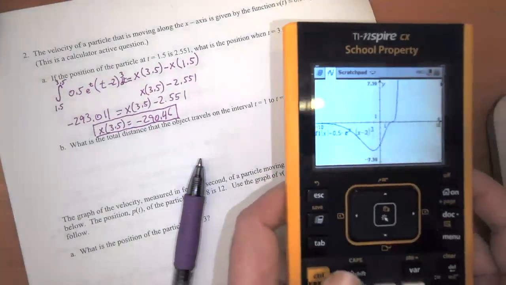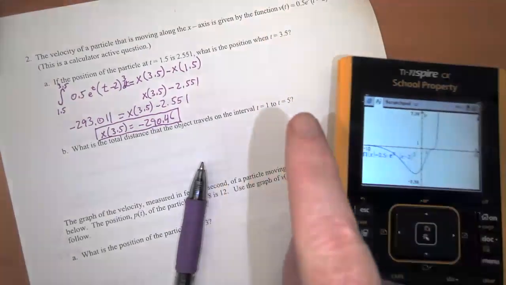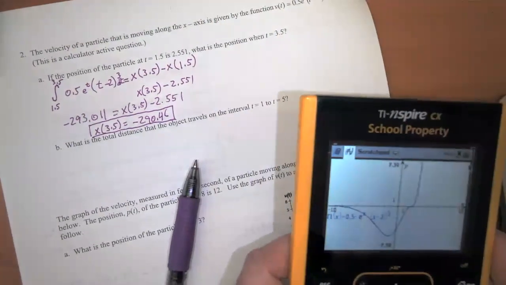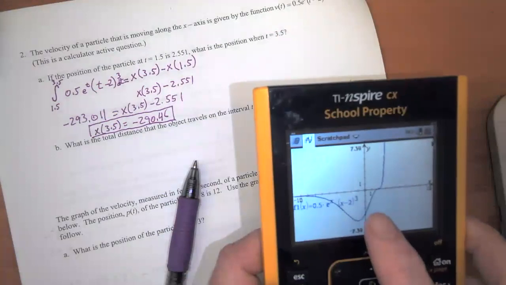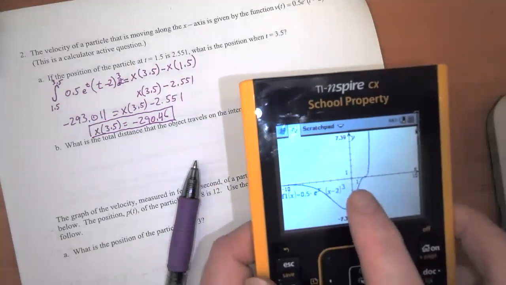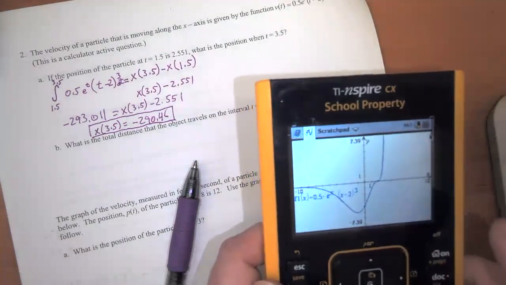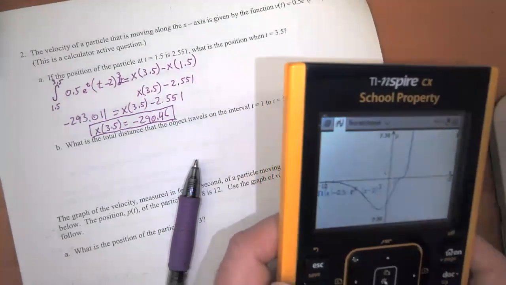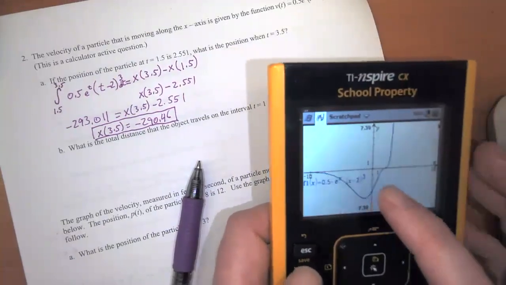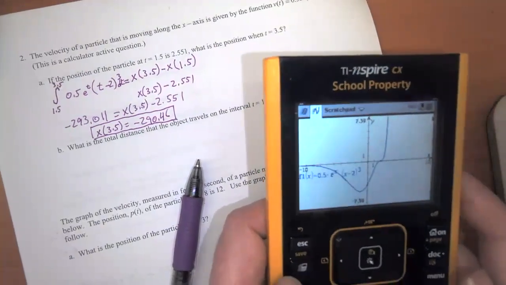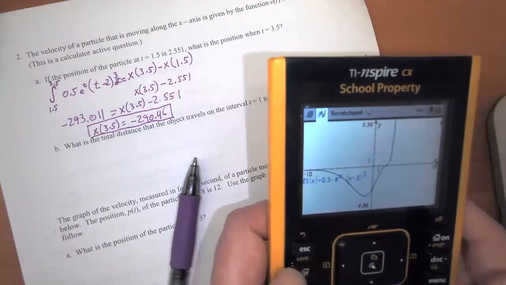All right, and so remember, we're interested in the range of this. Well, here they're talking about the distance from 1 to 5. So looking at this, I can see that we've got a problem that this is going to be negative between 1 and 2, and then positive for the rest of it. All right, so there are two ways I can handle this. The first way is I could just calculate these two integrals separately, from 1 to 2 and from 2 to 5, and then add them together.